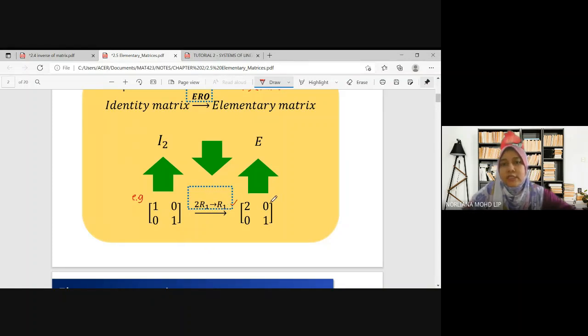So this is the elementary matrix. You must remember one condition here: single operation, single elementary row operation, single ERO only.